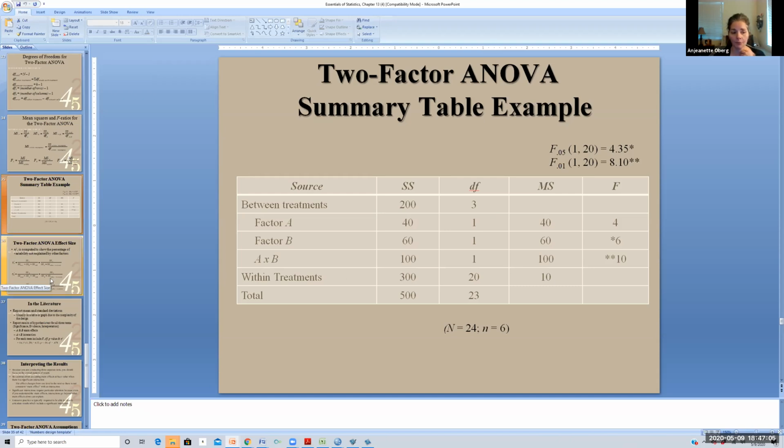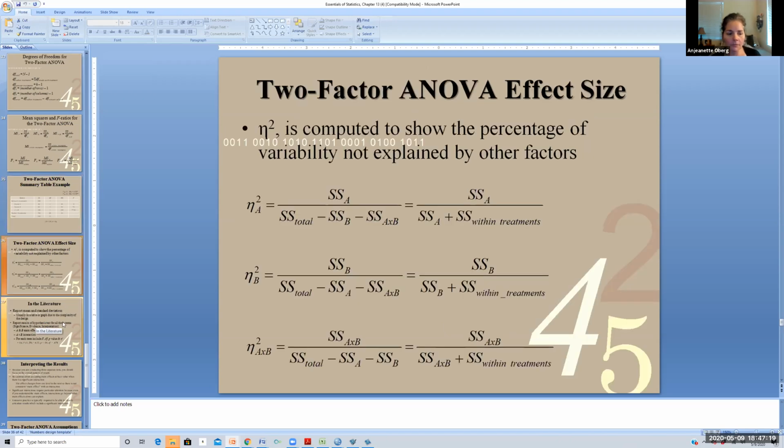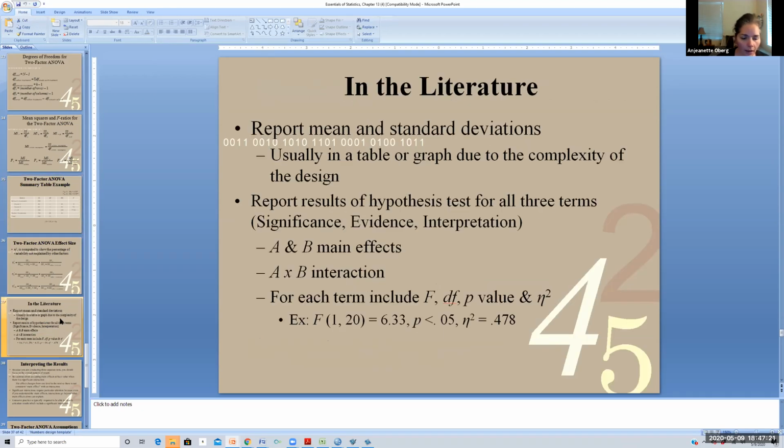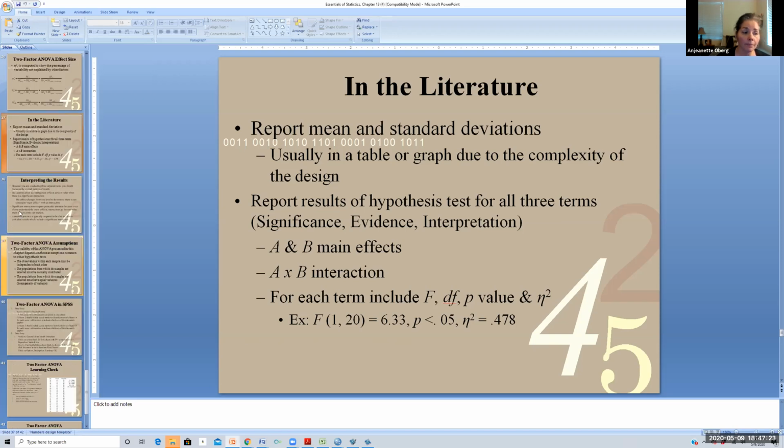They're going to be different from one another. Because both factors have the same number of conditions, those degrees of freedom end up being the same. Our error or within treatments is going to depend on our sample size, okay? Make sure you adhere to the template that I post on the course shell as well, and that will take you through how to report these, okay?